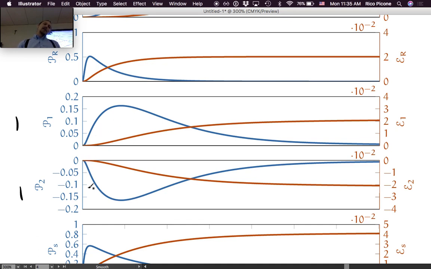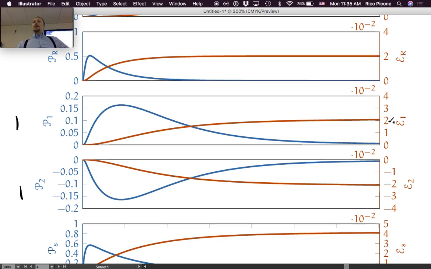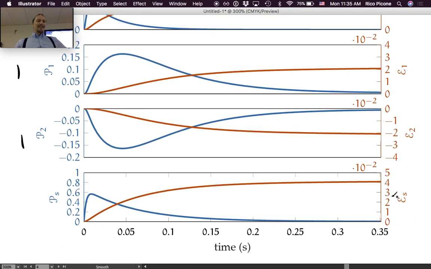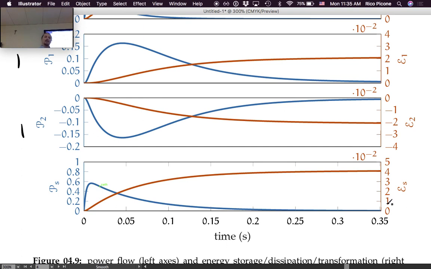So it flows in and then it flows out of the other side. So the energy that came in is 2 joules, and 2 joules left. That's a good sign. We were hoping that that would happen. If that didn't happen, we screwed up somewhere. And then the source, of course, is supplying power early, not as much power when it's in steady state.